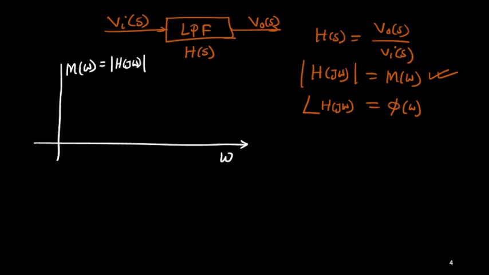In this pattern, if it is a low pass filter, then it should have unity gain. It should not modify the gain. If M of omega is 1, then whatever amplitude was there on the input side, the output side will also have the same amplitude. So if it is flat up to a certain frequency, which I will call omega c, it is called the cutoff frequency.